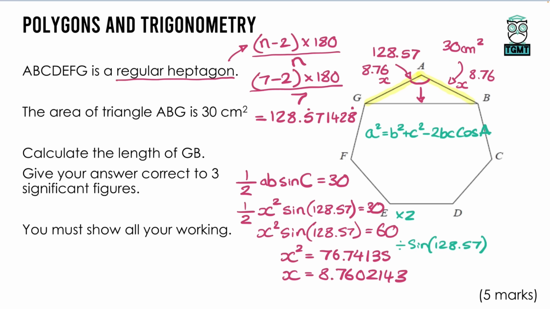So we have 8.76. If we plug in the values, and we'll do it down in the bottom corner so we've got more space, a squared, which is opposite the angle, is equal to 8.76 squared, plus another 8.76 squared, minus 2 times 8.76 times another 8.76, we could actually write squared there, that'd save us a bit of time, times cos of 128.57, and just about fit that in.